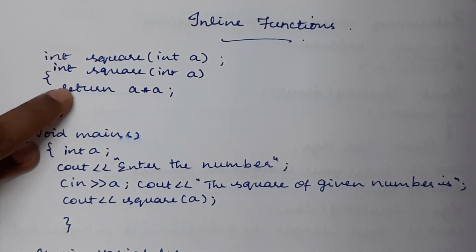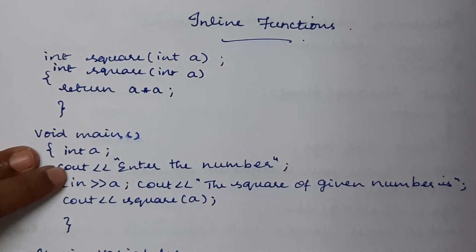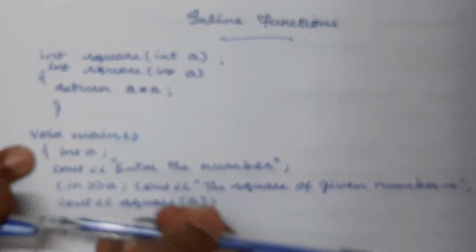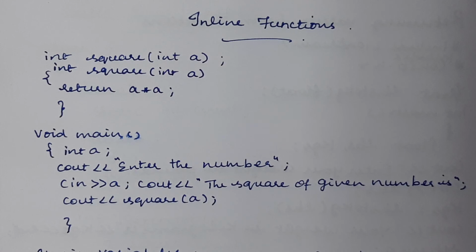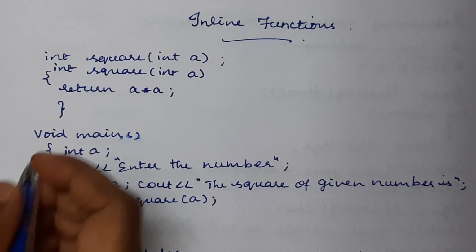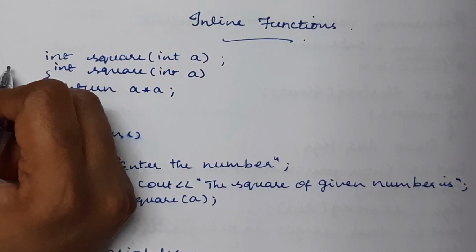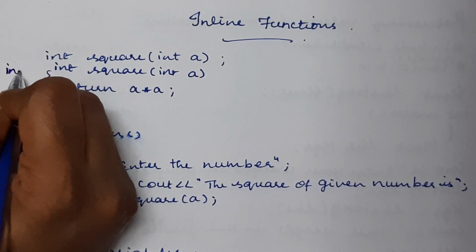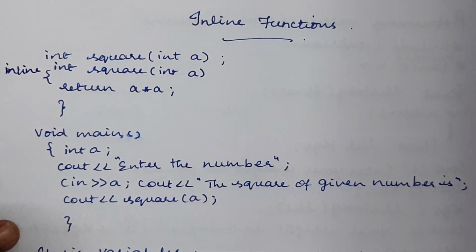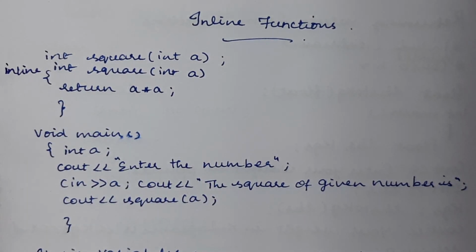Okay, so how to make any function an inline function? By using the keyword called inline. We have to include this inline keyword before defining the function, and then this function is said to be an inline function.